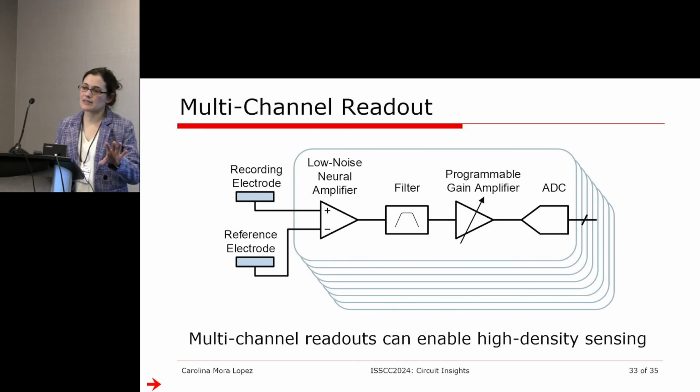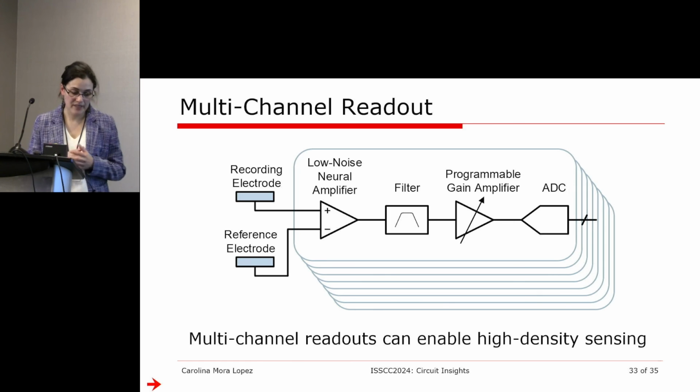That requires that you design an amplifier or a readout that can allow this parallel readout of signals in an efficient way. How to do this? I will not go through the details, but there are many ways in which you can parallelize your readout, many ways to optimize the area and power, and that will always be a trade-off.